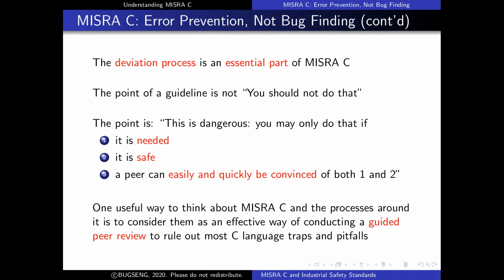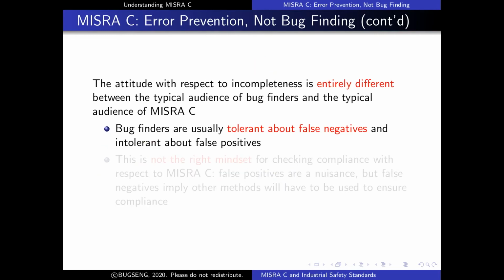Well, with MISRA C and a good tool, it is the tool that will guide you through this peer review. And if you follow MISRA C, you will rule out most of the C language traps and pitfalls: undefined behavior, implementation defined behavior, possible incomprehension about aspects of the language.